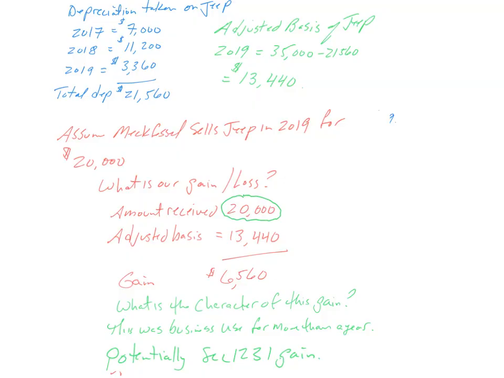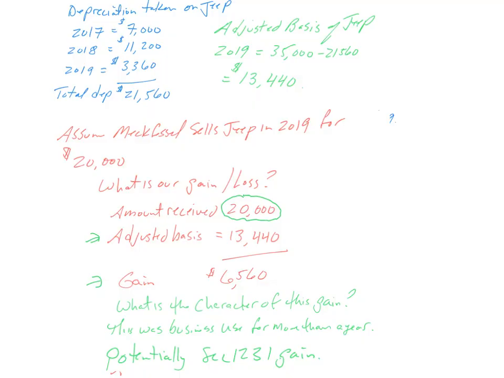If we had not depreciated that asset, we would have sold it at a loss. But since it's business use property, we got the advantage of depreciating that asset over the last 3 years and enjoyed a tax break via that depreciation deduction. And what that did was reduce our adjusted basis. So now, instead of that asset generating a loss, it generates a gain.